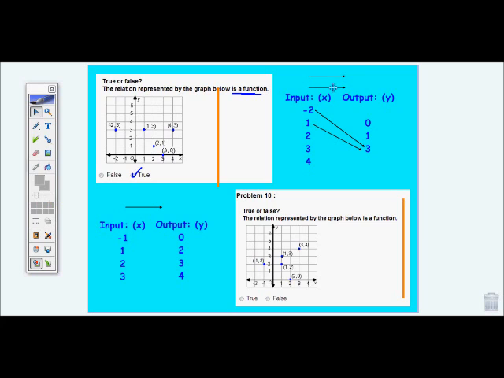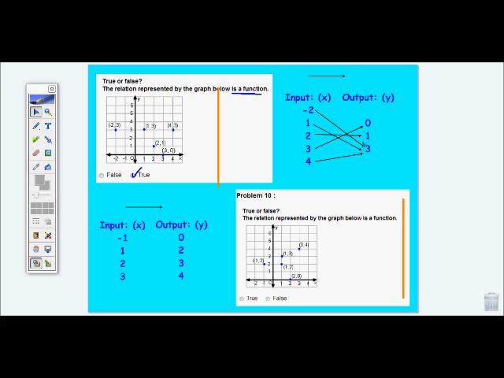The input or x equaling 2 goes to 1. That's an easy one. The input or x value of 3 goes to 0. Reading the map again from left to right, because that's the order I would put my inputs in. And finally, the last one is the input of 4, and that also goes to 3.